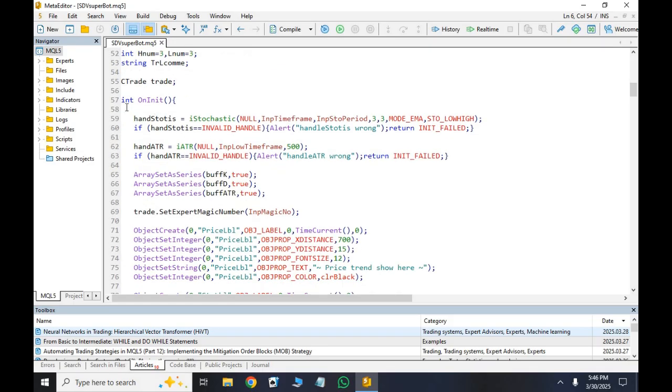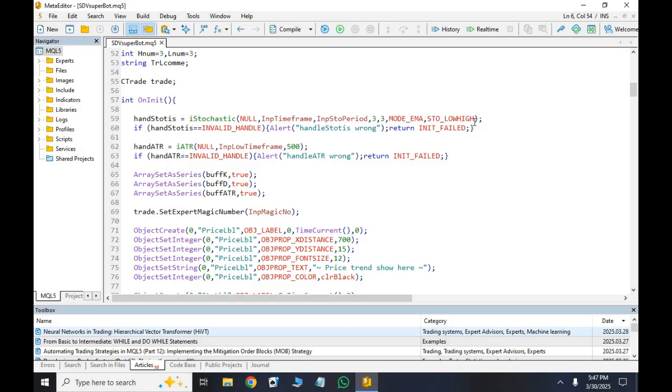And OnInit, that means the starting time of the expert advisor. On init, initially it runs these codes. First it gets our indicator's handle, the stochastic handle.